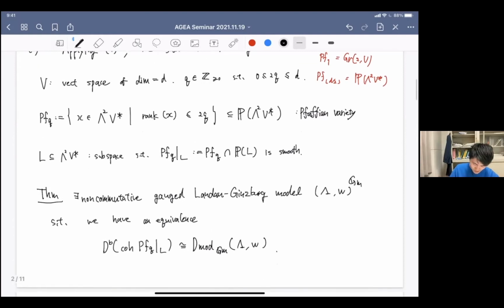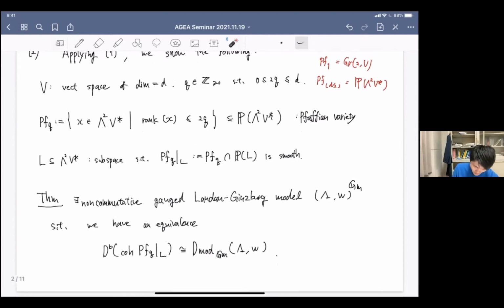So sometimes this linear section can be a smooth Calabi-Yau variety. And as I said, a smooth Calabi-Yau variety does not admit a tilting bundle. So the bounded derived category of a projective Calabi-Yau variety is never equivalent to the derived category of a non-commutative ring.